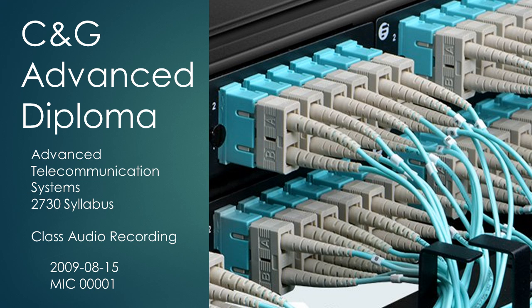First column heading is parameter. Second column heading fiber channel. Third column heading gigabit Ethernet. Fourth column heading ATM. First parameter, number one, technology application.